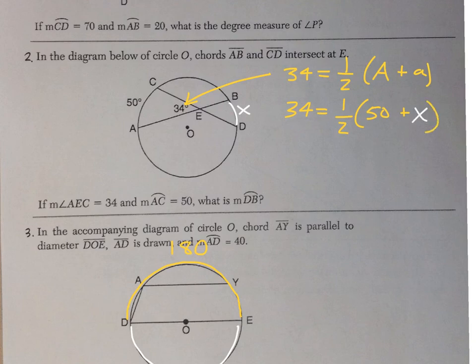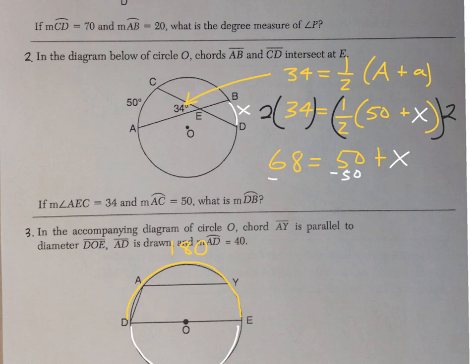A quick way to solve that equation could be to distribute the half into the parentheses, but another way to do that is to multiply both sides of the equation by 2, which would quickly get you 68 equals 50 plus x. Subtracting 50 away from both sides would get you to the answer that x is equal to 18 degrees.